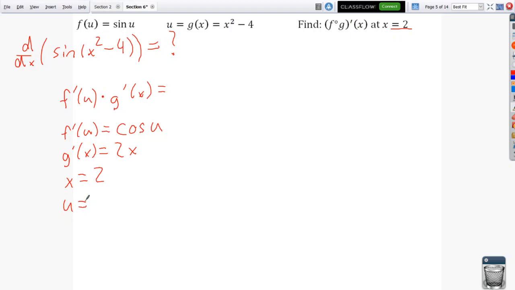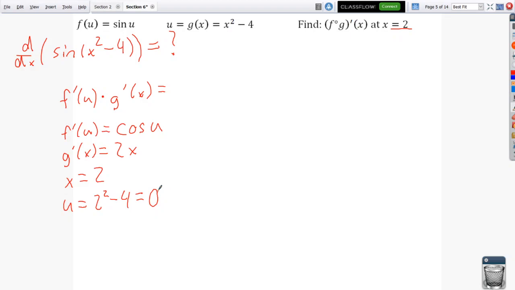And u is going to be x squared minus 4, so that'll be 2 squared minus 4. 2 squared is 4, minus 4, 0. With me so far? Okay, cool. So here, I'm going to have f prime of u.